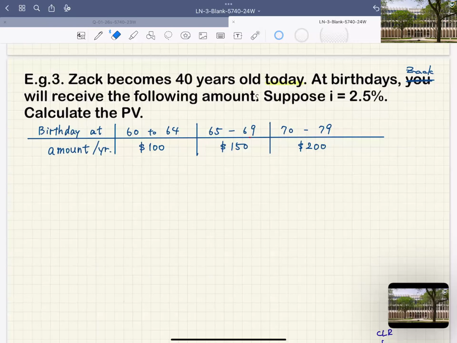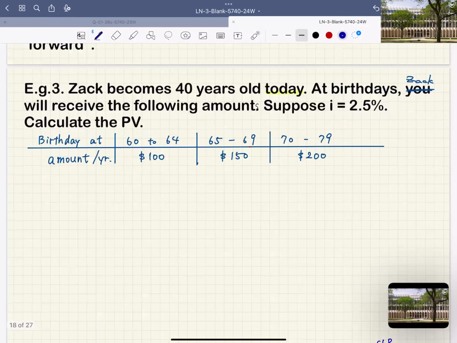Suppose that i is equal to 2.5%, calculate the present value. So Zach is now 40 years old. I would say that we set 40 years old as t equal to 0. And payment is for each year, so the time unit is 1 year.